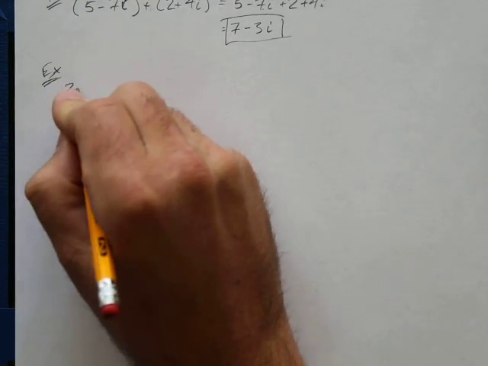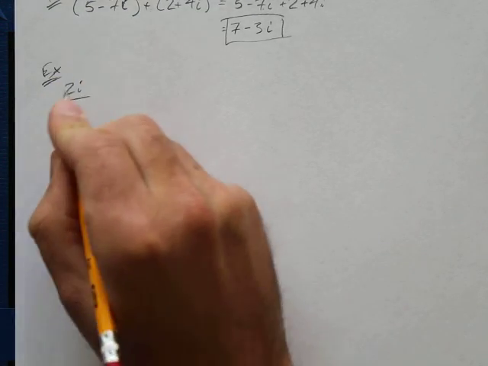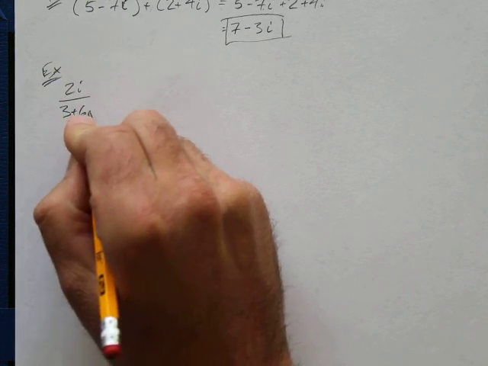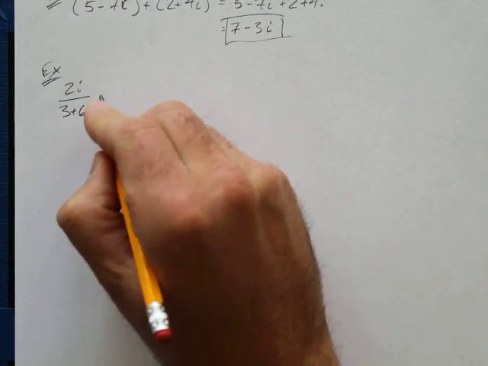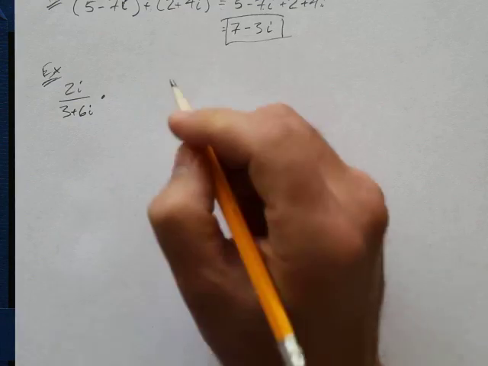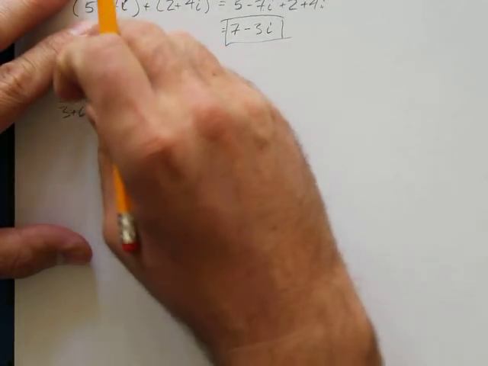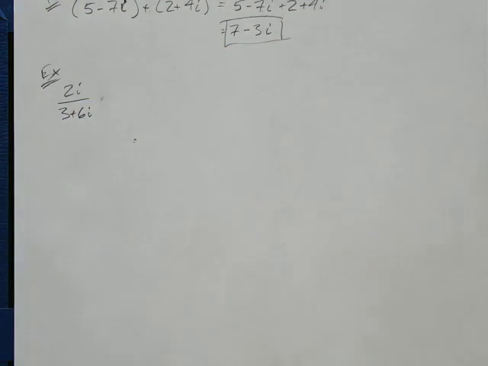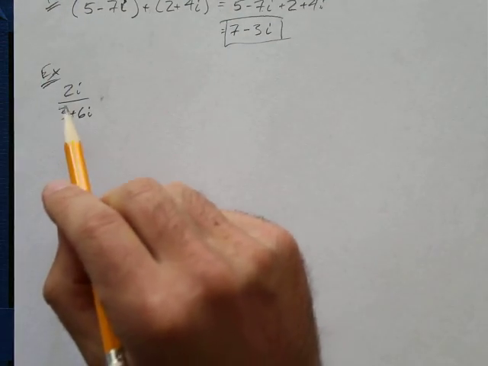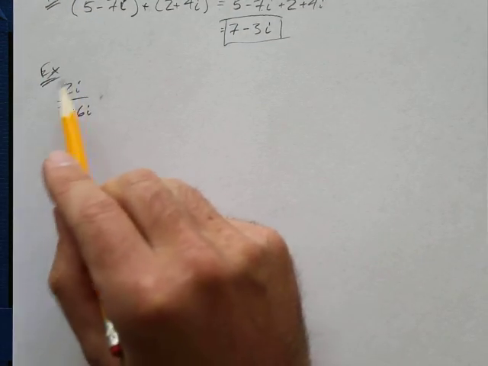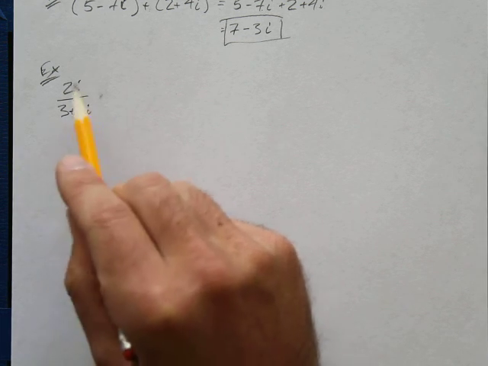I've got 2i over 3 plus 6i times, oh, here's what we're doing, I'm sorry. We're going to talk about the complex conjugate. What we're trying to do here is simplify this fraction.